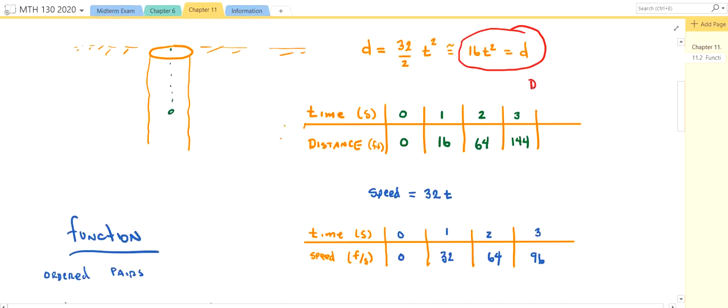So d, let's write it as a small d since I wrote it as a small d there. d here is a function of t. And down here, for the same idea, speed is a function of time in these relationships.